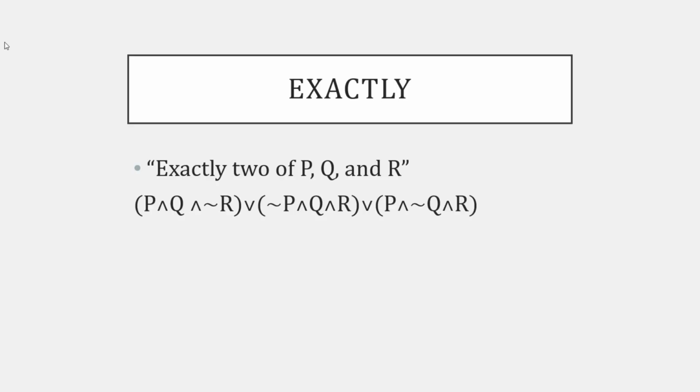in the sense that you're not directly representing the sentence "say exactly two of this, this, and this." What you're doing is coming up with something that is true in case the thing which you're saying is true, and false if the thing that you're saying is false.